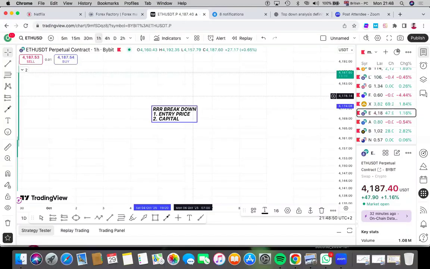That's your capital. When it comes to risk management and money management, it's very crucial that you know the amount you are trading with first. You have that fixed: okay, this is the amount I'm having. Before we even come to risk management, you have to know how to manage your money.